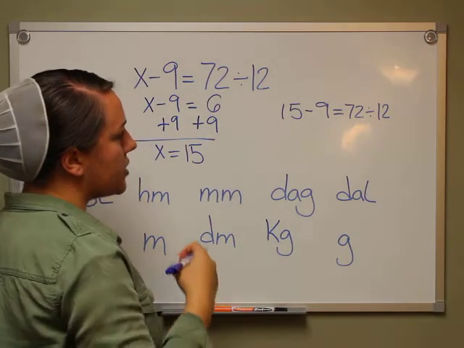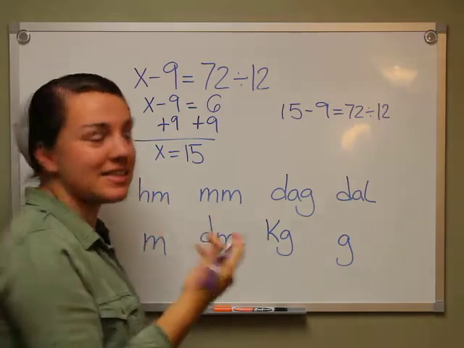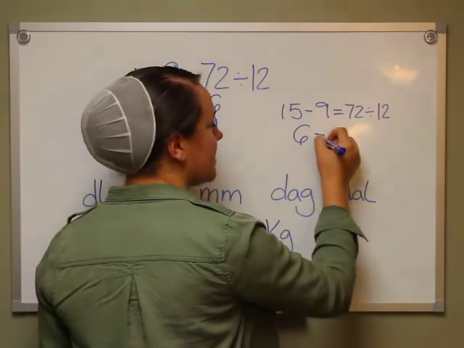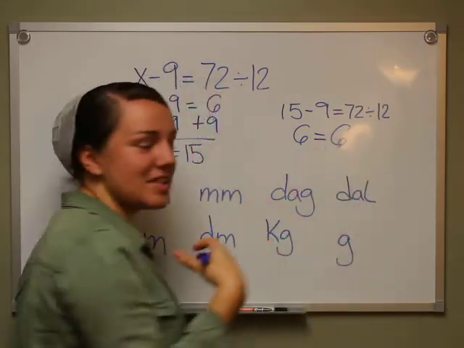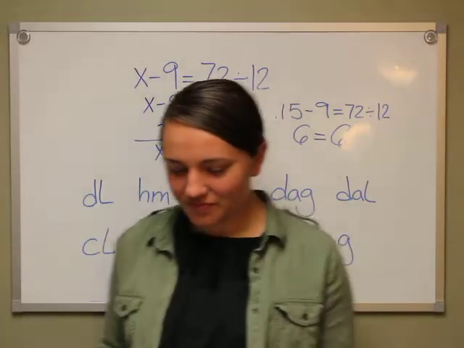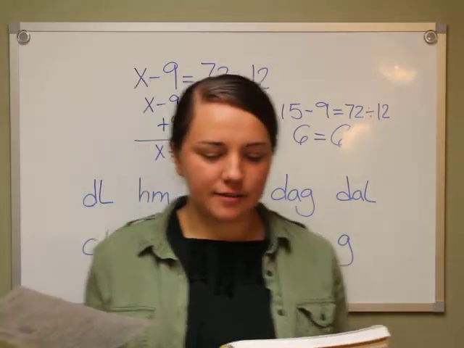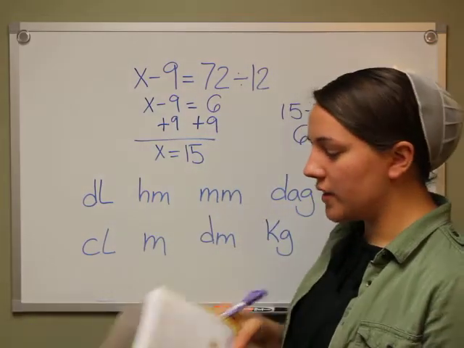Okay, so now we're going to subtract and divide. 15 minus 9 is 6. 72 divided by 12 is 6. Does 6 equal 6? Yes, it does. So that is correct. Very good. Work your lesson carefully as you work through these equations.